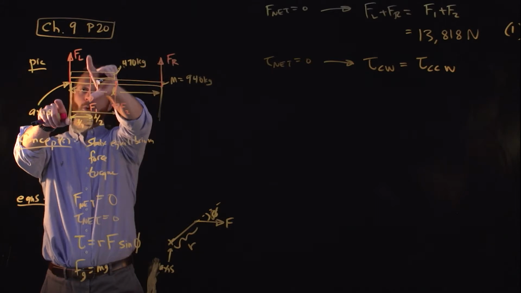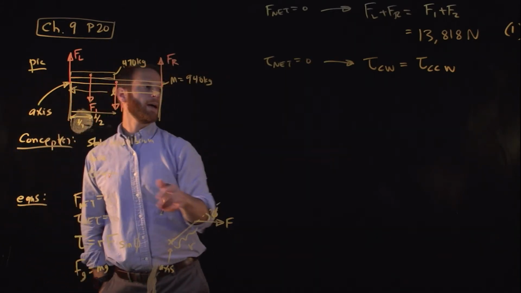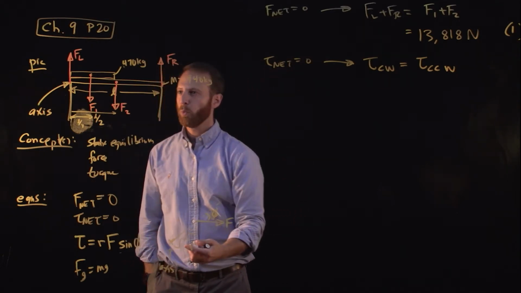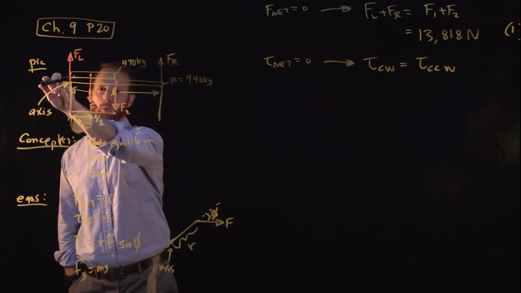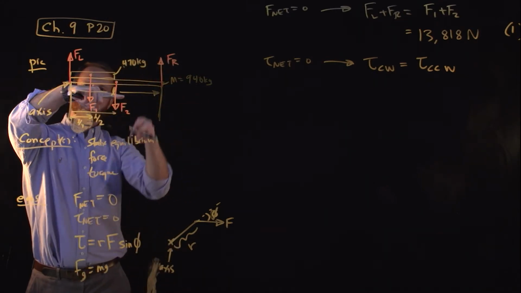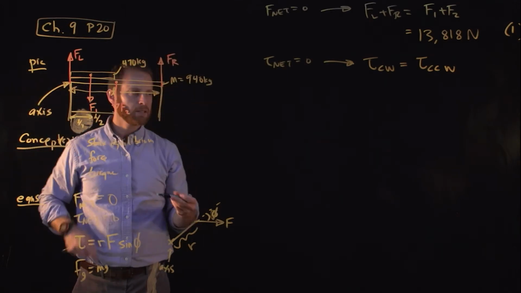These things make a torque that goes this way, clockwise. Keeping in mind that sine of phi is 1, because the radius vector pointing this way makes an angle of 90 degrees with gravity, which points down. It's a nice simple problem.